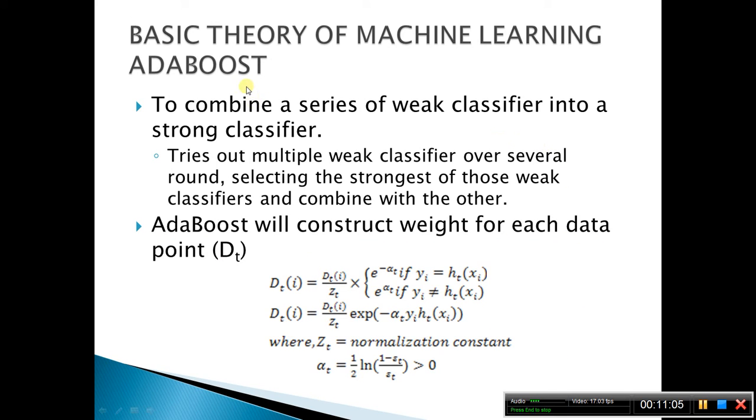AdaBoost is used to combine a set of weak classifiers into a stronger one. It's like survival of the fittest, but here a classifier which is not good enough on its own can still be combined with other weak classifiers.